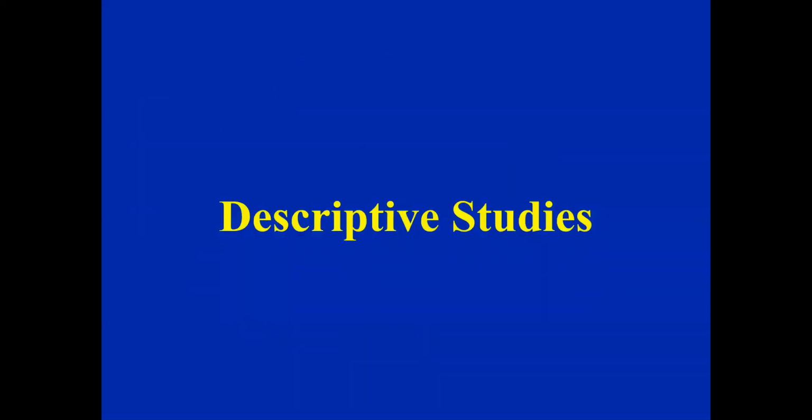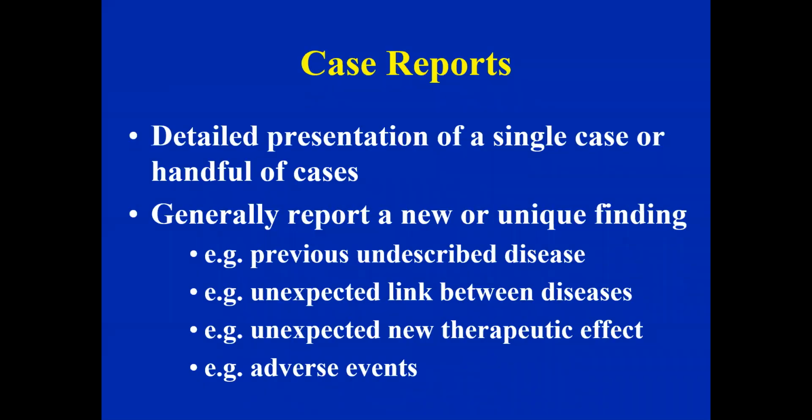For our descriptive studies, as explained in the earlier lecture, the first type is case reports. And what are case reports? Case reports are a detailed presentation of a single case or a handful of cases. In most cases, they are based on a unique or new finding.